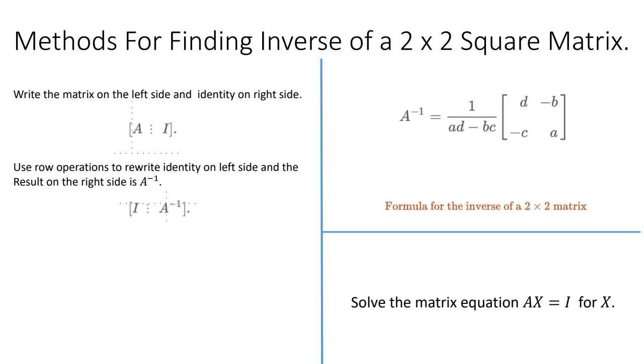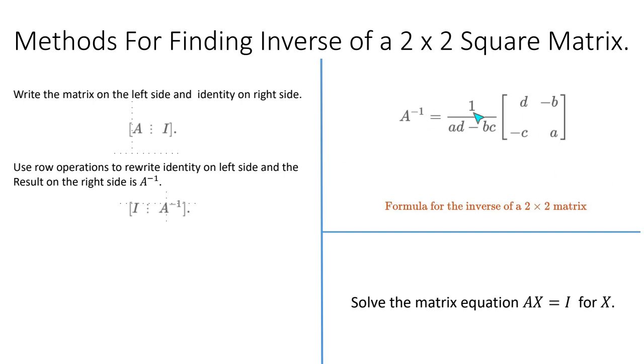Okay. So how do we find the inverse? There's different ways of finding the inverse. You can use this method here, where you take your matrix and you attach the identity matrix. Then you use row operations so that you end up with the identity matrix first, and then whatever's left is the inverse.